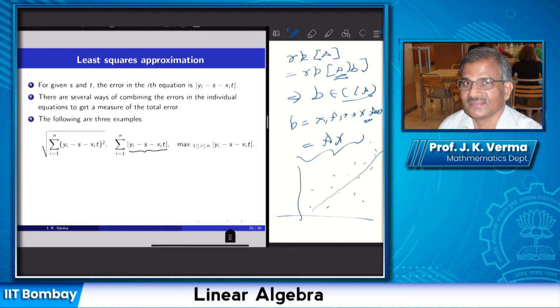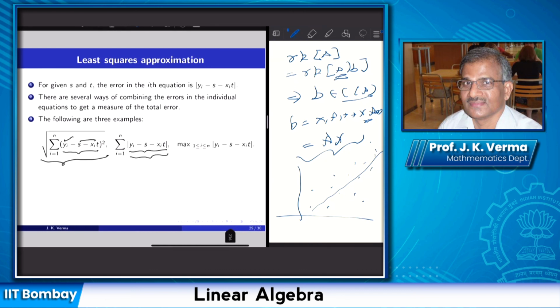Or we can take the square of the difference: yi is the experimental value, and s + xi t is predicted by the straight line model. I take the difference of the actual value with the predicted value, square this, add all these squares and take the square root. This is called the least square approximation method.